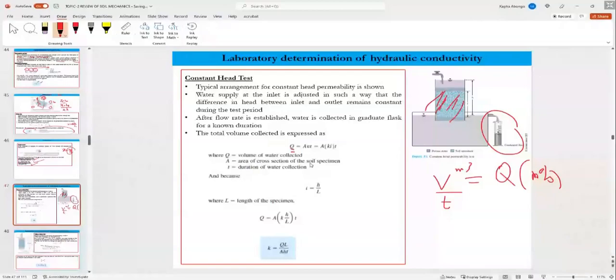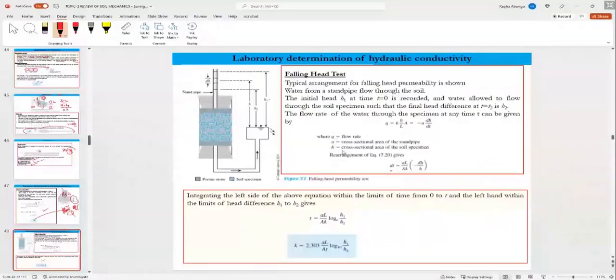The hydraulic gradient I is the head difference H between this reservoir over the length L. Put that into the velocity portion, and we get Q equals K times H over L times A times T. I'm sorry, they use a different notation: volume Q times L, the length of the solid column, over the area of the solid column, head difference, and time. That's the same.